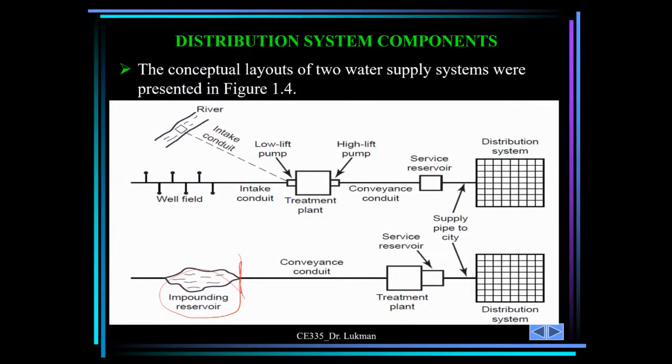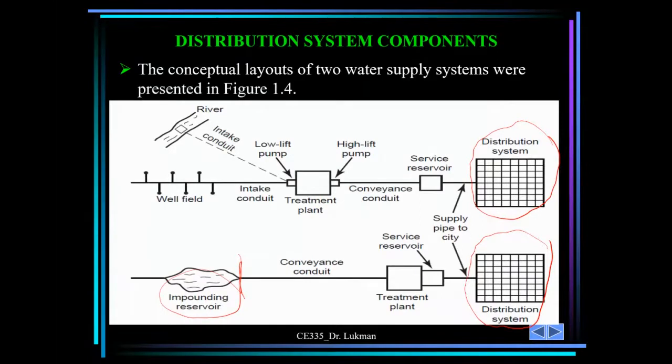Okay. Same thing, this is from a well field, or from a river intake to the treatment plant, and then to the service reservoir and to the distribution system. So at the end, what you have is the distribution system, or what we call the water distribution system, or the pipe network, okay, which is how the water reaches the end users.